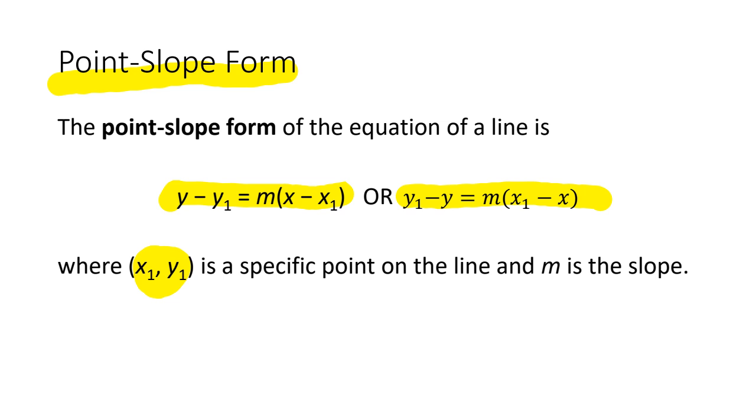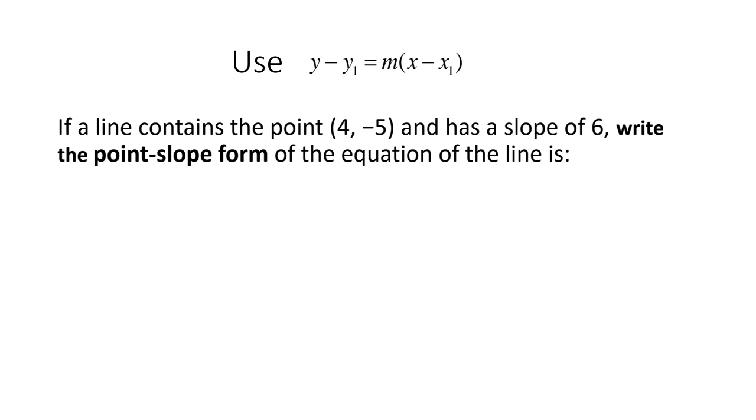Now notice the form they're asking you to use. That means that the 4 is my x1, the -5 is my y1. So that means I'm putting them x1, y1 in these two positions. And they tell me a slope.